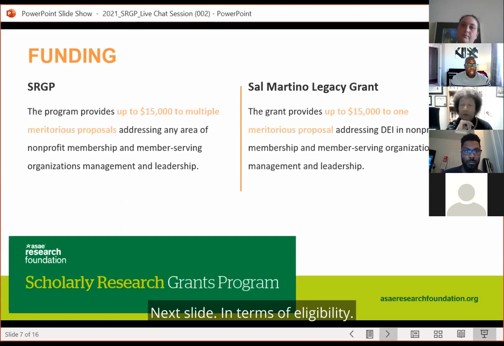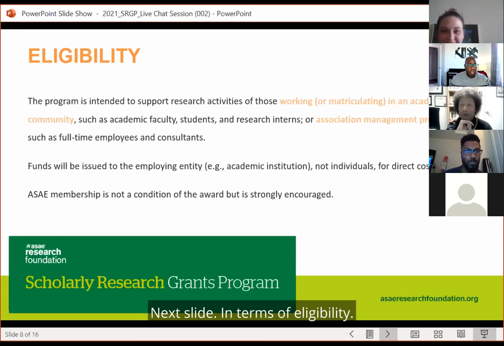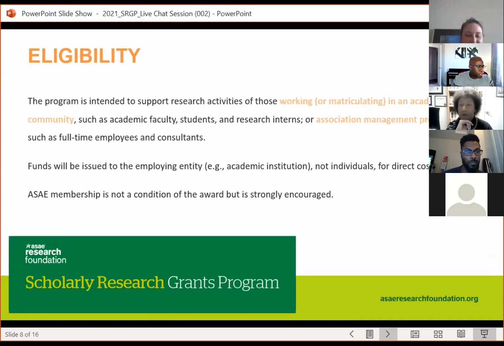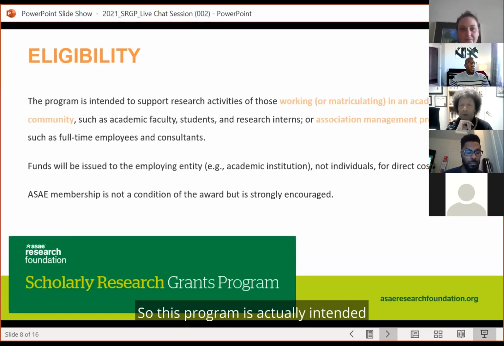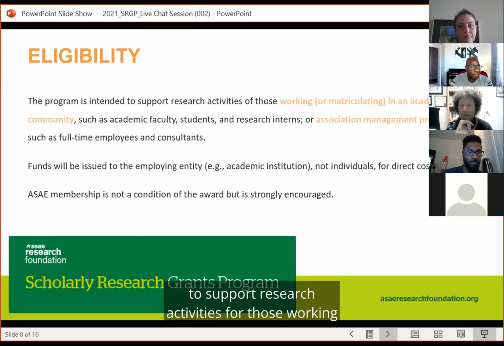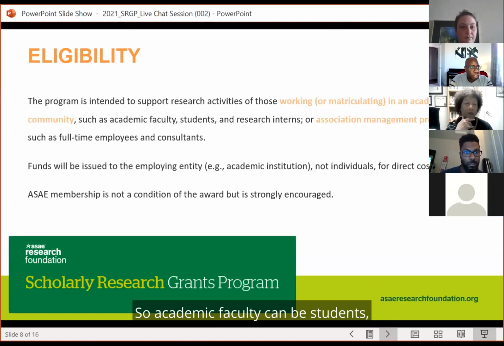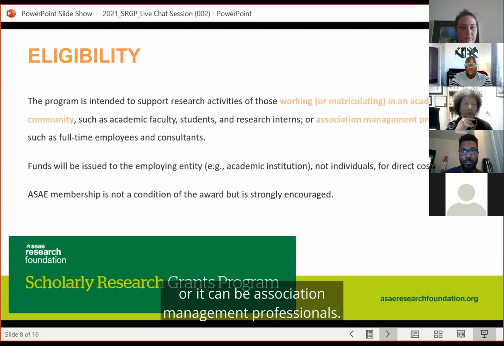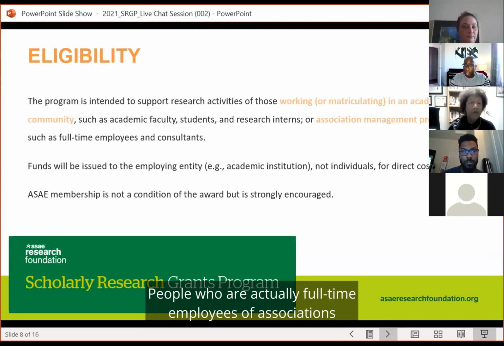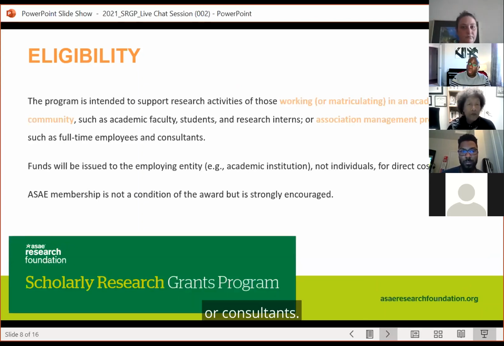Next slide. In terms of eligibility, this program is intended to support research activities for those working or matriculating in an academic community. So academic faculty, students, research interns, a variety of people within the academic world, or association management professionals, people who are full-time employees of associations, or consultants.